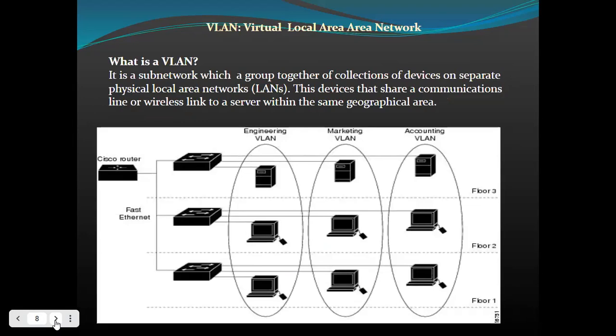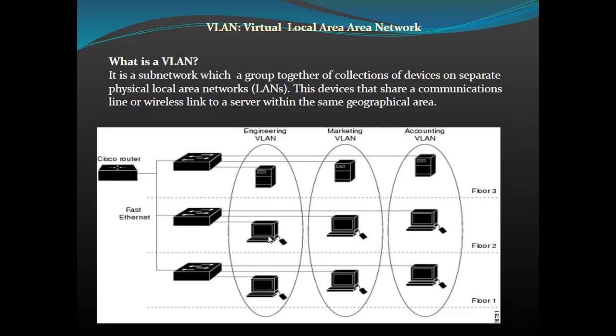We have VLAN. VLAN is kind of a cluster of connections, I would say. Here it's defined as a subnetwork which groups together a collection of devices on separate physical locations. That means we can take this as building floors: this is like the fourth floor, the third floor, the second floor, and the first floor.